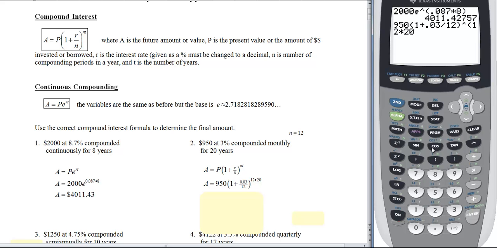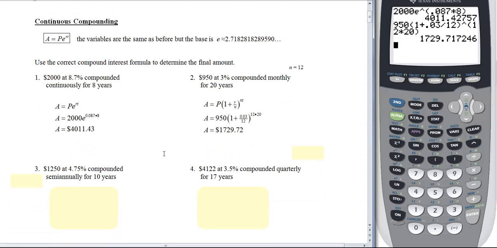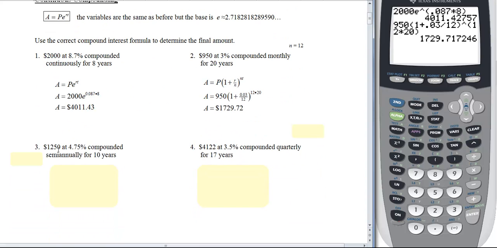You might try it this way and then also try the same problem but raise it to the 240 and see if you come up with the same answer. So $950 would grow over 20 years at that interest rate, compounded monthly, to $1,729.72.